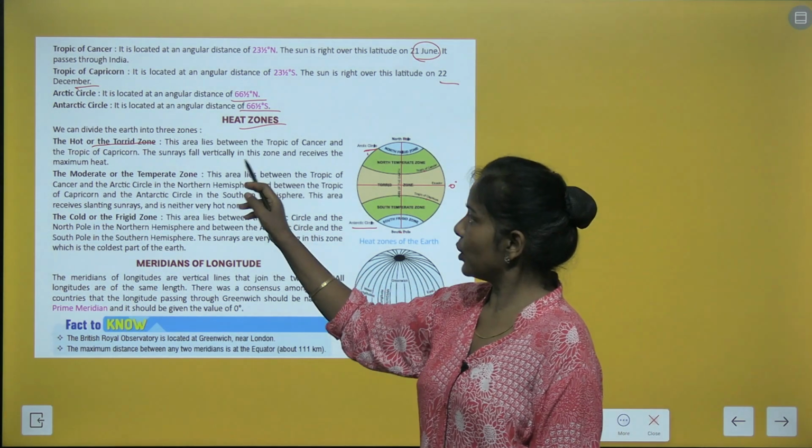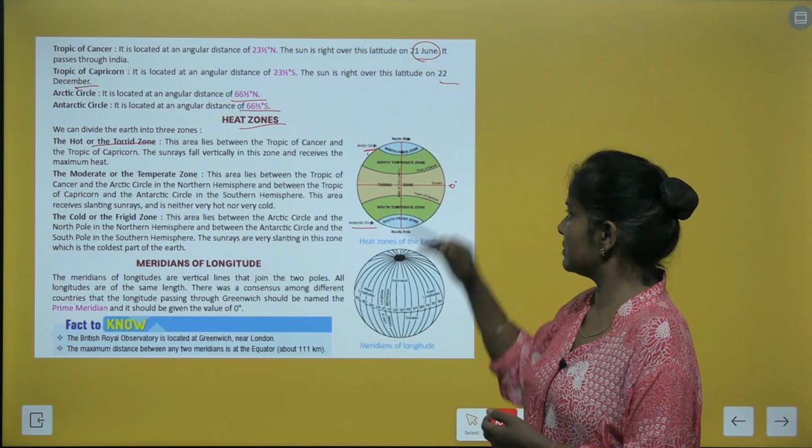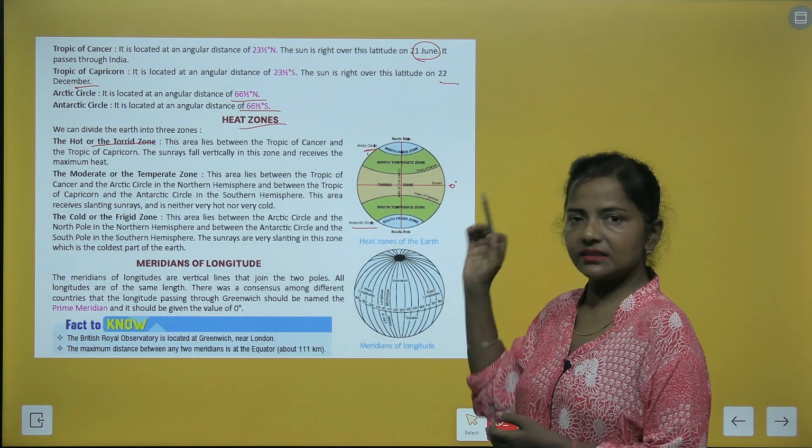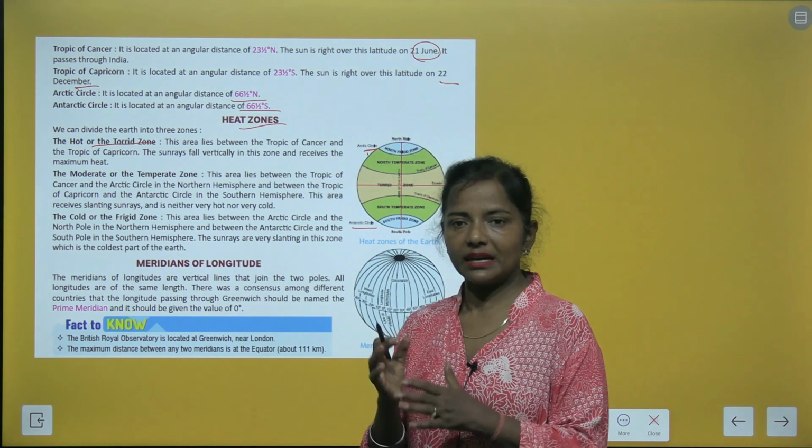The sun rays fall vertically on this zone and receives the maximum heat. और sun rays जो है वो vertically इस रीजन पे पड़ती है इस जोन पे और हम मैक्सिमम हीट.